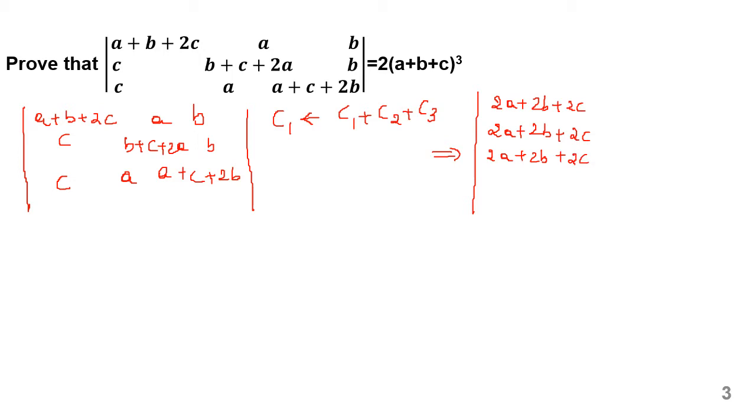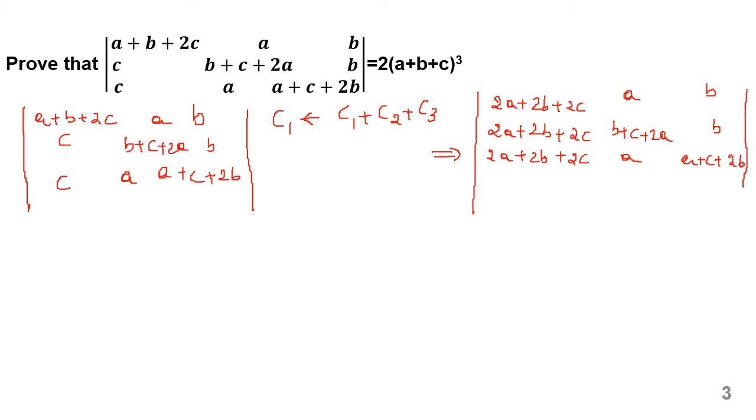The second column remains the same, which is a, b plus c plus 2a, a. The third column is b, b, a plus c plus 2b.